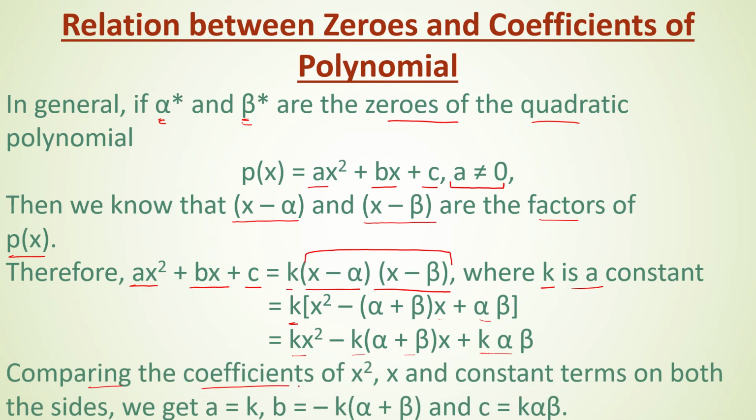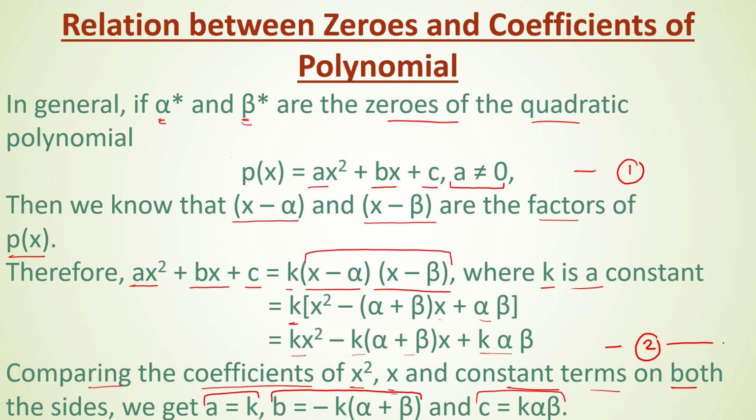Comparing the coefficients of x square, x and the constant terms on both sides, we get a equals k, b equals minus k times (alpha plus beta), and c equals k into alpha beta. Suppose I give the standard form of the quadratic polynomial as equation number 1 and the obtained equation as second.